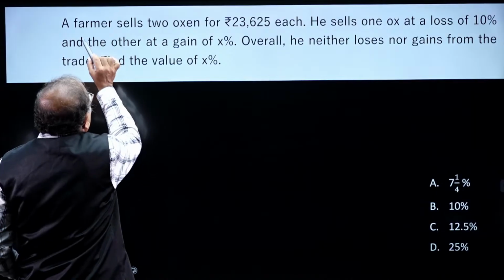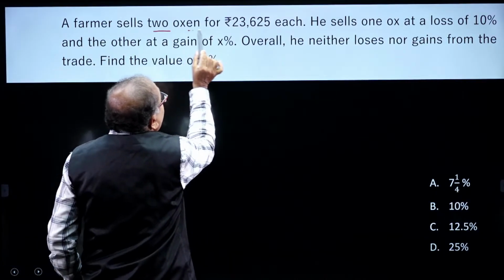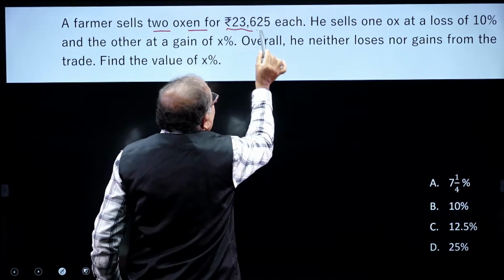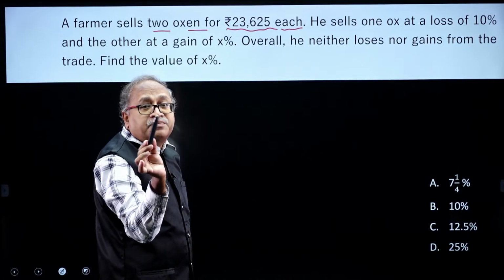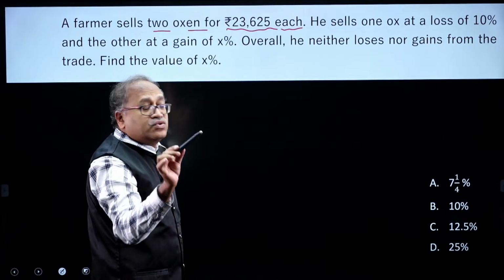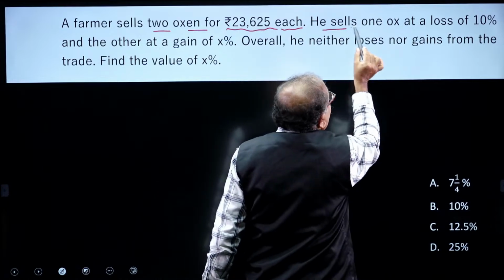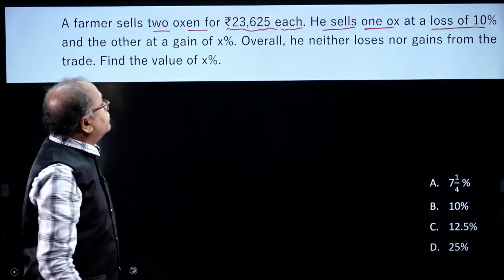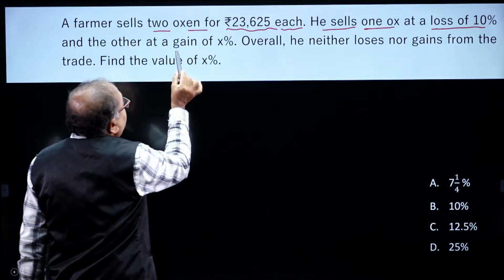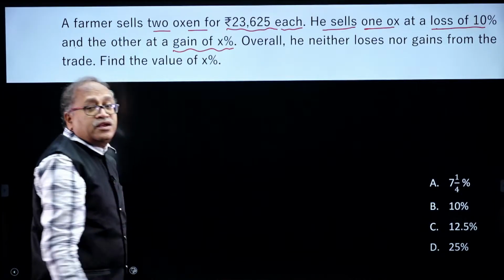Here, let me read the question. A farmer sells 2 oxen for 23,525 each. Selling price 1 is equal to selling price 2. Now, he sells one ox at a loss of 10% and the other one at a profit of X percent.